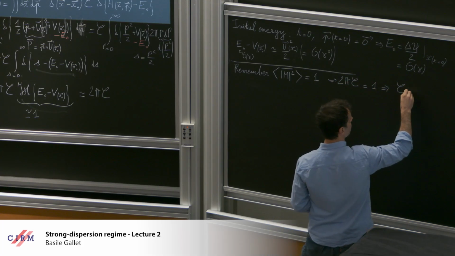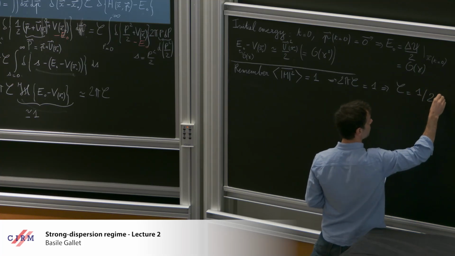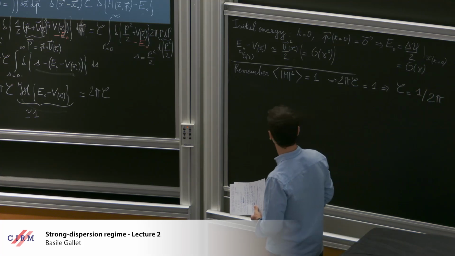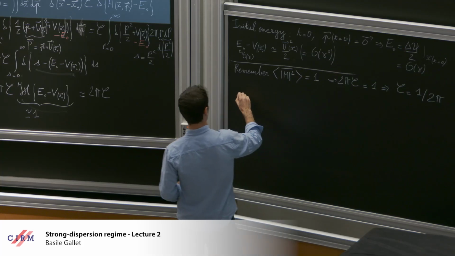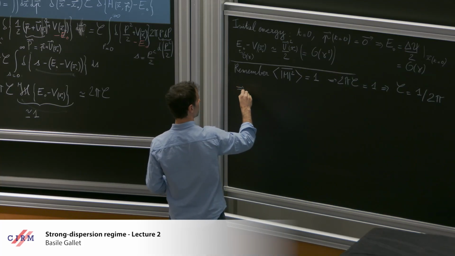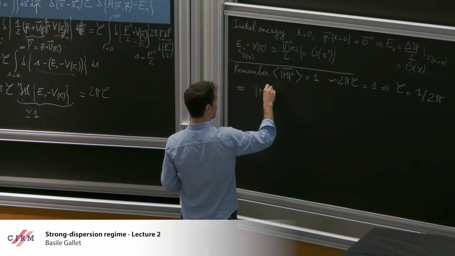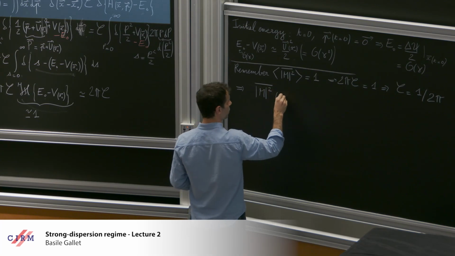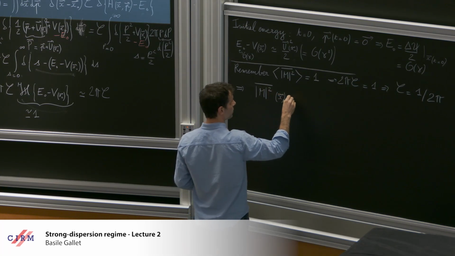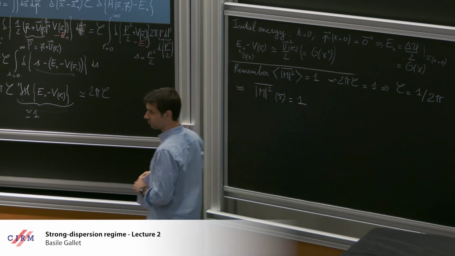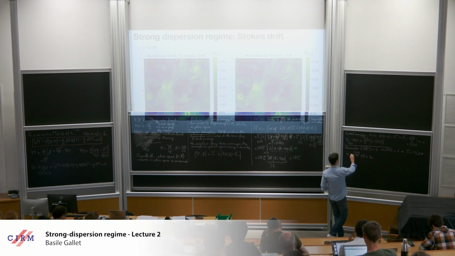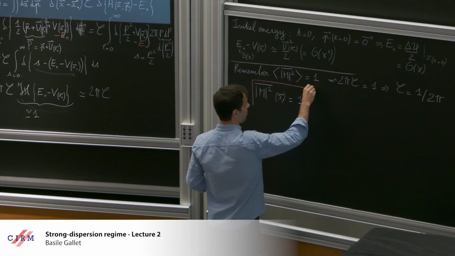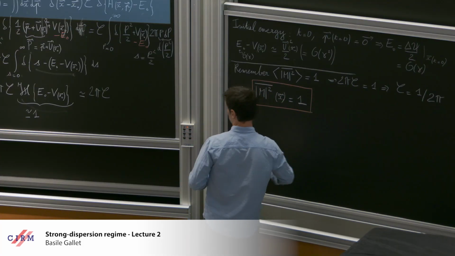Okay, and so c, this normalization constant, is just 1 over 2 pi. The prediction is that m squared average at location x is 1. Okay, uniform spatial distribution of the particles according to this maybe naive application of statistical mechanics.